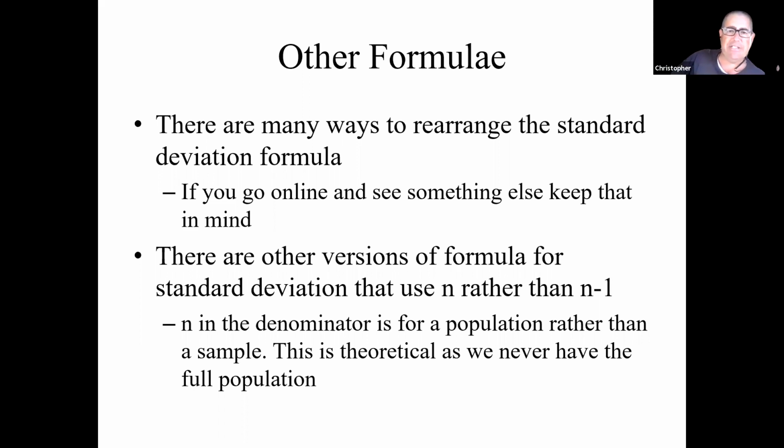One variation that you'll see is some formulas will use a different denominator, I should say, the bottom part of the equation. Some use n rather than n minus 1. Technically, that's the difference between getting a standard deviation for a population and a sample. That is a theoretical definition that you'll see in textbooks all the time. Not very useful because we're pretty much always dealing with samples, so we would never be using that theoretical formula. But again, I do want to highlight, you will see lots of other versions of these formulas. Don't get confused. Just stick with the ones that we use here because they are undoubtedly the ones that would be used in practice.